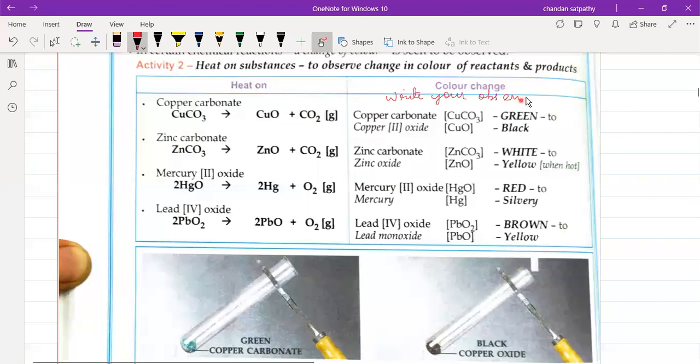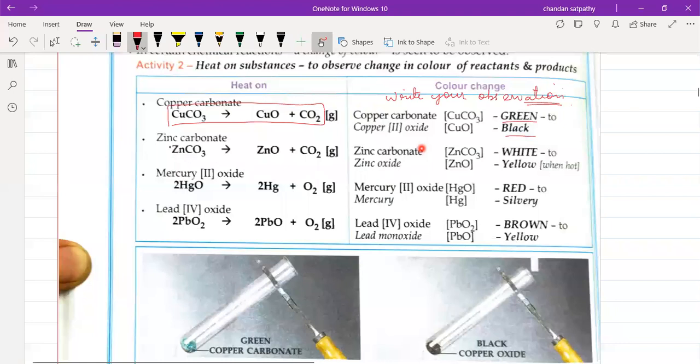Observation means what we can see through our eyes. The question may be: when heating of copper carbonate takes place, what will be your observation? You have to write that green color copper carbonate changes to black color copper oxide.